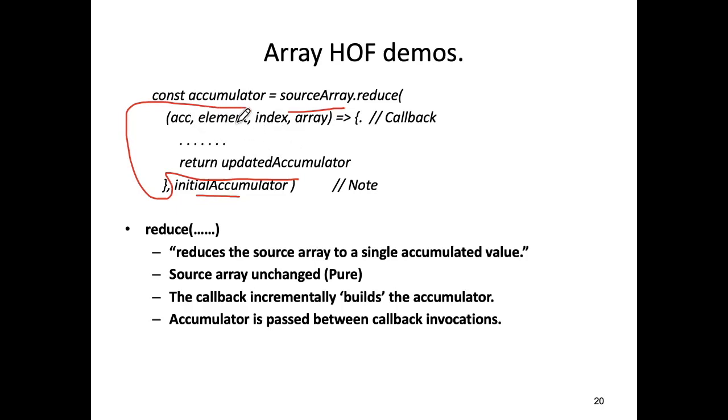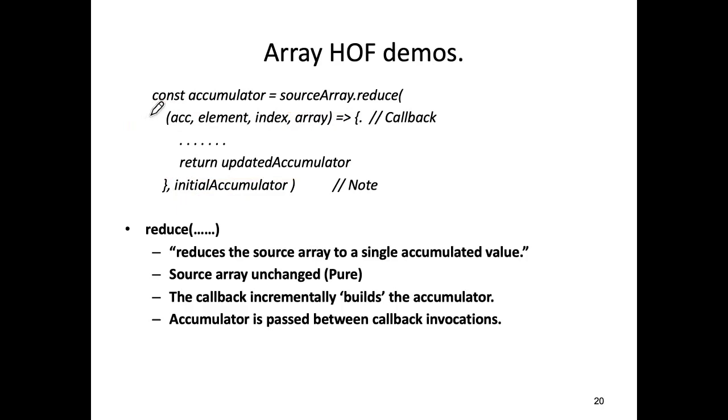The signature of the callback is different now from the signature of the callback for the other two. The first parameter of the signature for the callback, it's a bit of a loaded sentence, the first parameter is the current value of the accumulator. So let me just clear all that again.